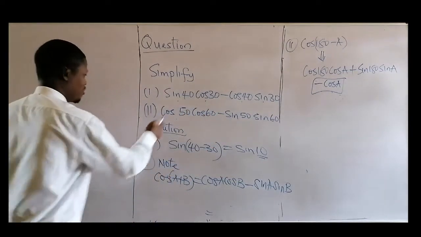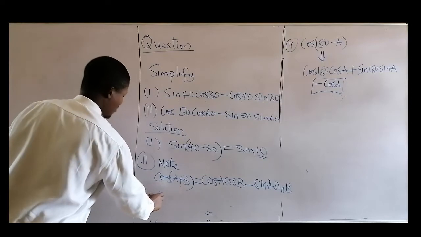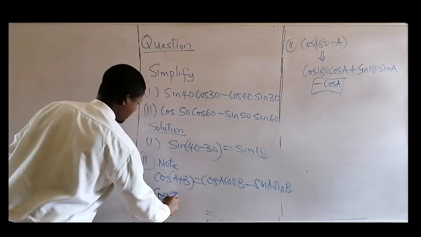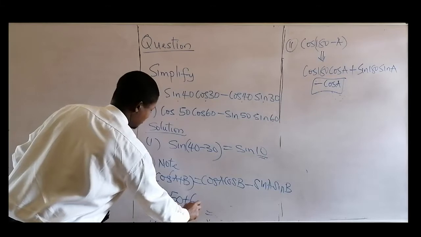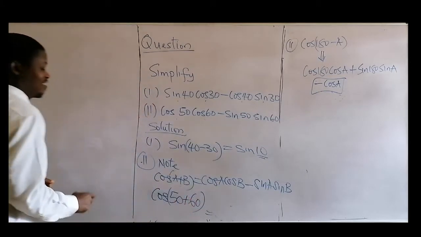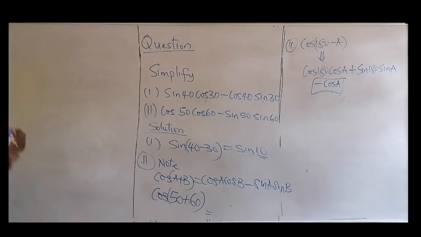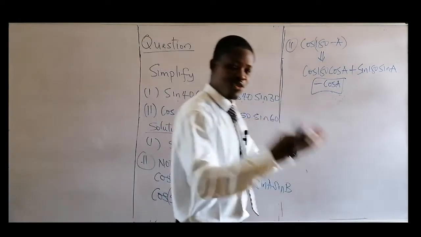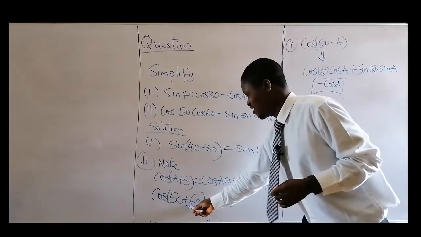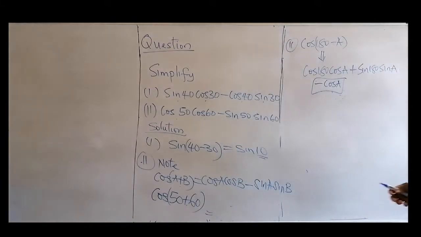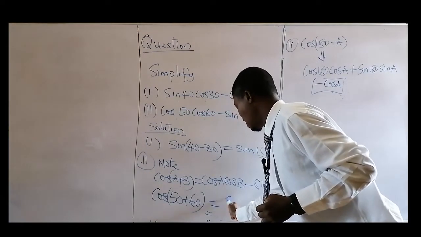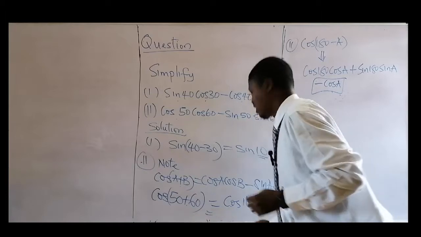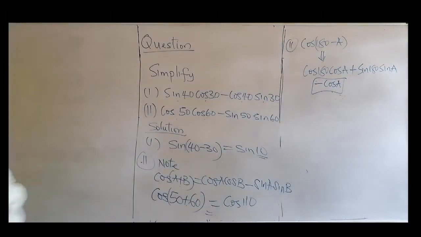So this number 2 will just be equal to cos 50 plus 60. And that will give you cos 110. So that's the value for that.